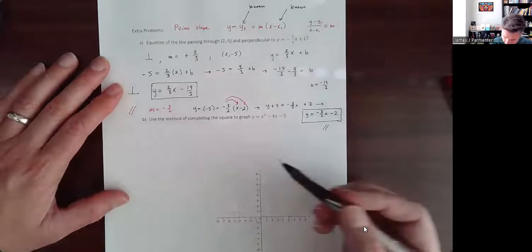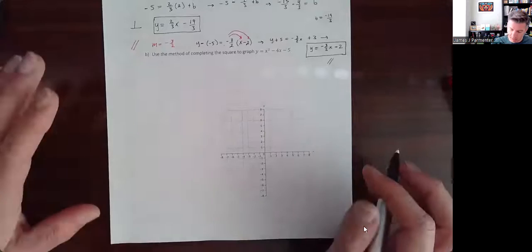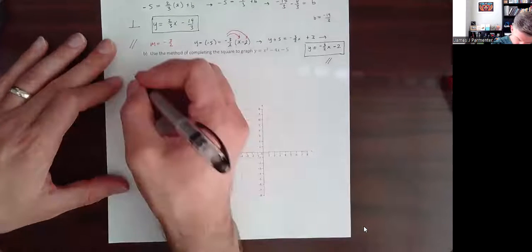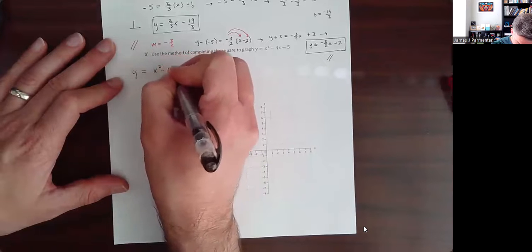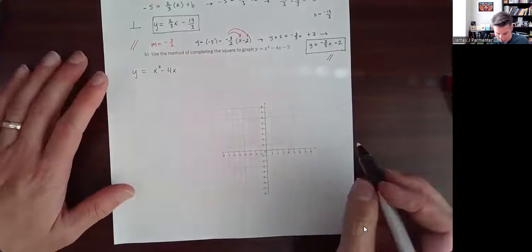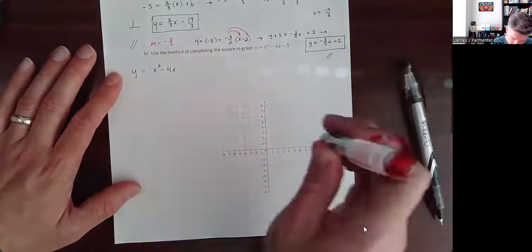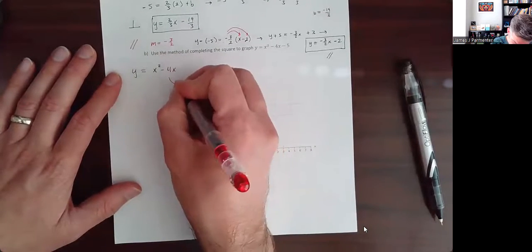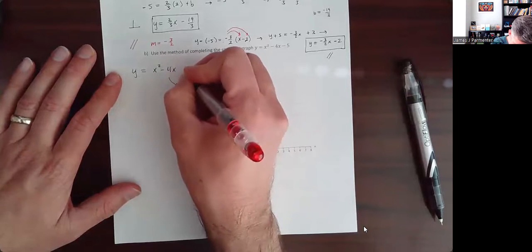All right, let's revisit this completing the square parabola question that we did in class. I know I ended it very quickly. To complete the square, you take your first two terms, and whatever the coefficient of x is, in this case -4, you divide that coefficient by 2, and then you square it, and then you add that.